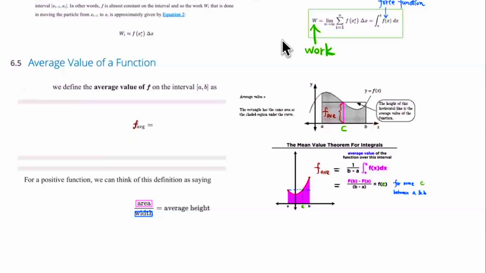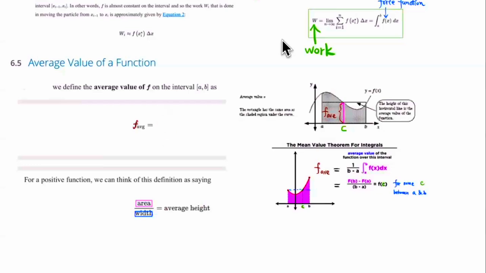So the average value of the function, when x goes from A to B, has a formula. It is equal to the area under the curve, this gray area, or this pink area, divided by the width of this interval from A to B. So area divided by the width gives you the average height, and the average height there is the average value of the function.